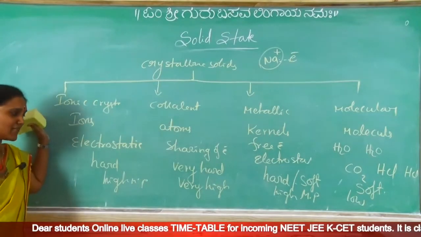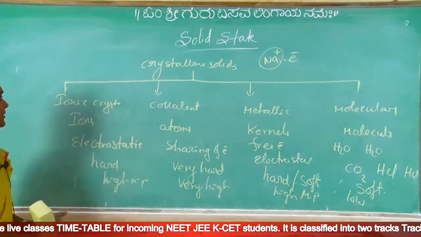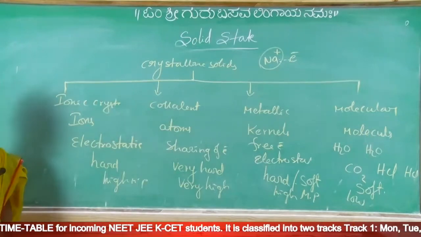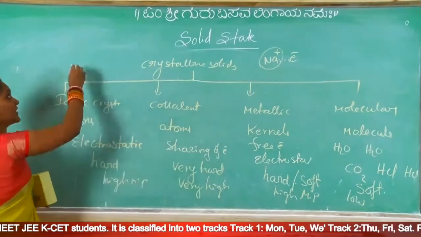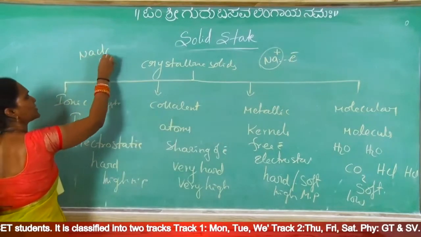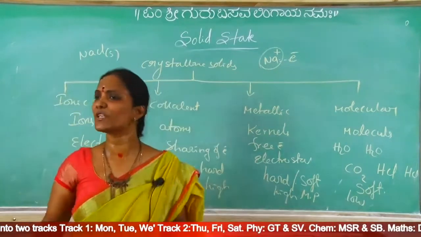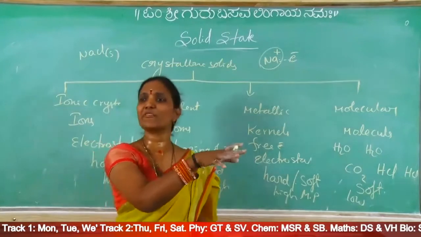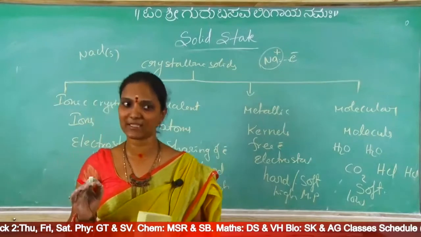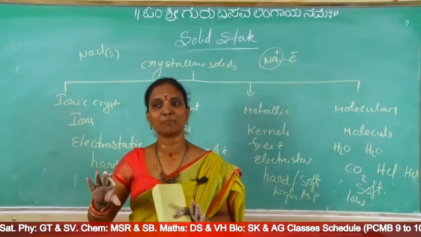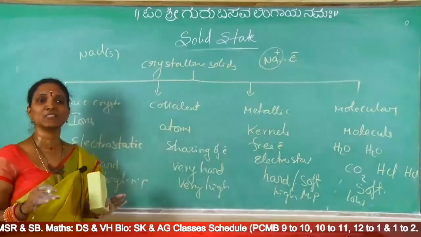Now come to the last one, conductivity. Which are good conductors, which are bad conductors? Ionic crystals: free ions are there, so can we say they are good conductors? No, not possible, because in an ionic solid, for example solid NaCl, all the Na+ and Cl- are closely packed with each other, no free ions, no mobility of ions. If there is no mobility of ions, it is a bad conductor. Ionic solids are bad conductors in the solid state.